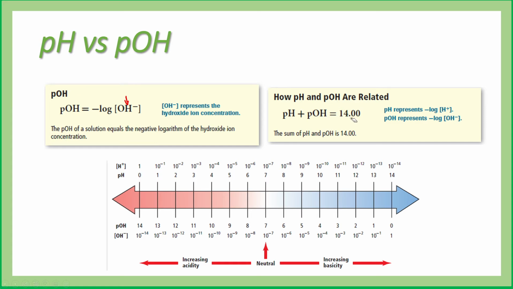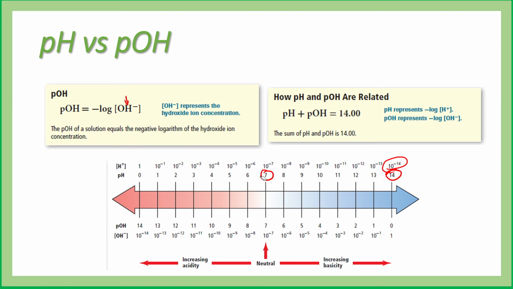I'm going to do an example of this in a moment, but look at this. If my pH is 1, my hydrogen ion concentration will be 1 times 10 to the minus 1. If it's 7, it will be 10 to the minus 7. If it's 14, the hydrogen ion concentration will be 10 to the power of minus 14.